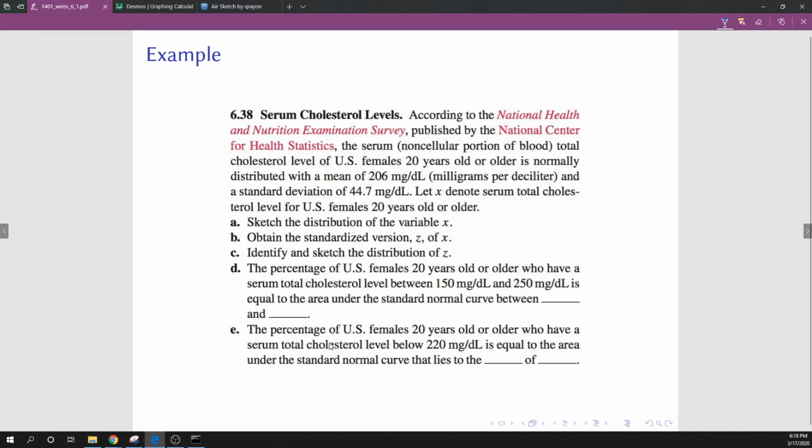In part E, it says the percentage of U.S. females 20 years or older who have serum total cholesterol level below 220 is equal to the area under the standard normal curve that lies to the blank of blank. Make a little sketch on your own, it doesn't have to be perfect.